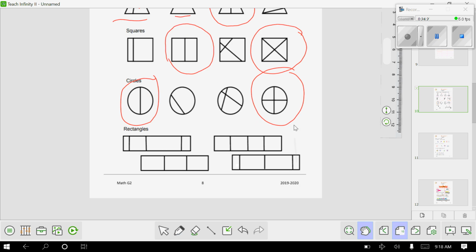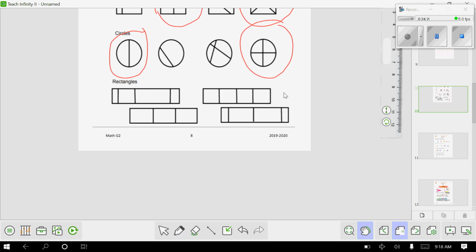If I'm going down for the rectangles, which parts are equal? Excellent. Here is, and here is. Here I have 4 equal parts. Each of them represents fourth. And here I have 3 equal parts. Each of them represents thirds.